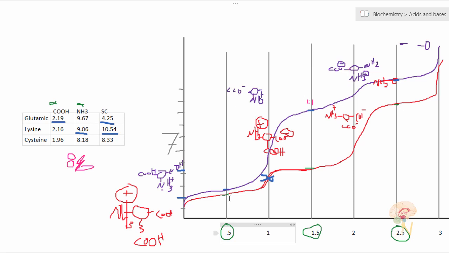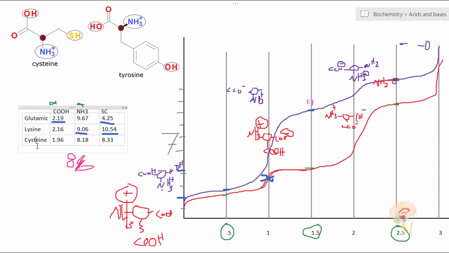Okay, now let's go to the exceptions I talked about. I said that there are two general exceptions, which are cysteine and tyrosine. Cysteine and tyrosine are grouped in the polar group of amino acids that have a titration curve similar to nonpolar amino acids, except for these two.